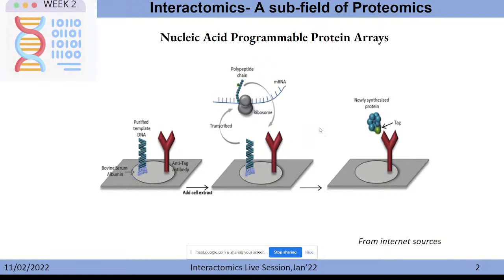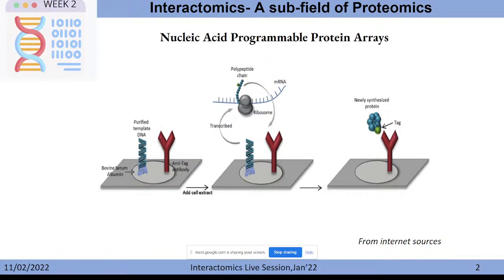Finally you will get the protein, and with the particular antibodies in that place, it will get attached. So the protein gets printed in a very simple and robust way within the cell-free expression system, which doesn't require any purification, extraction, or tagging. So this is just a simple way.